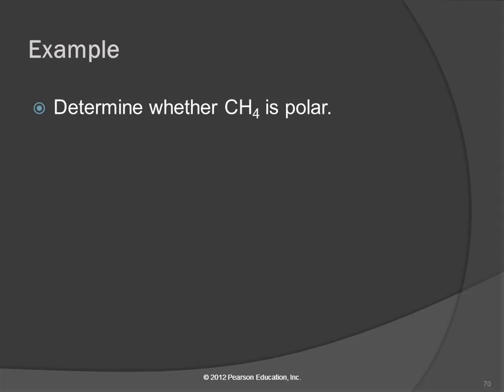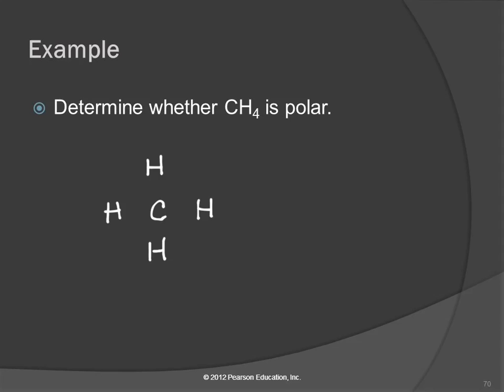So let's look at CH4. CH4, what's the Lewis structure going to be? Well, we're going to have a carbon in the middle, and we're going to bond the hydrogens to it because that's the only thing we can do. How many valence electrons do we have?